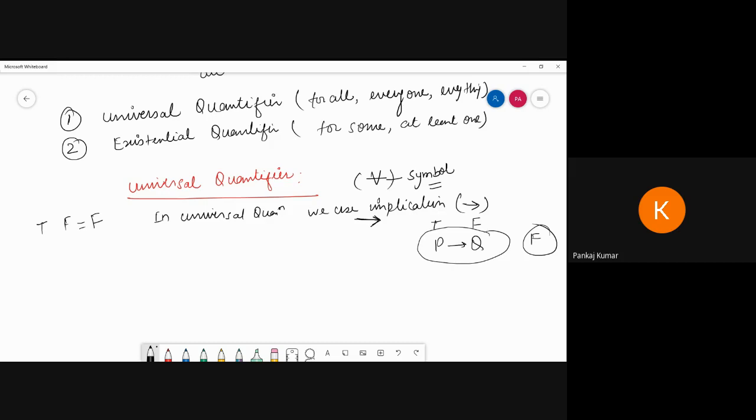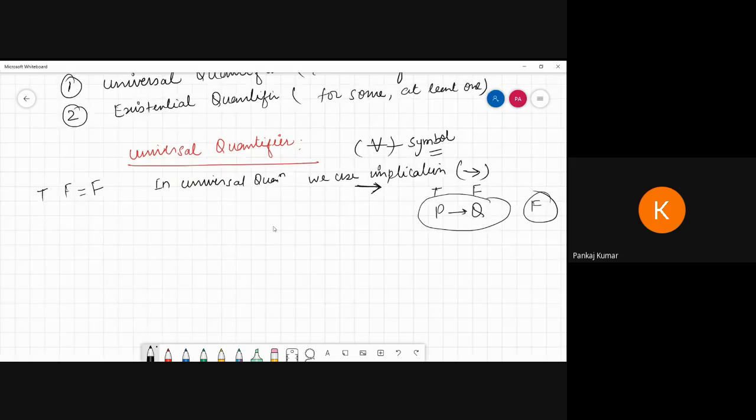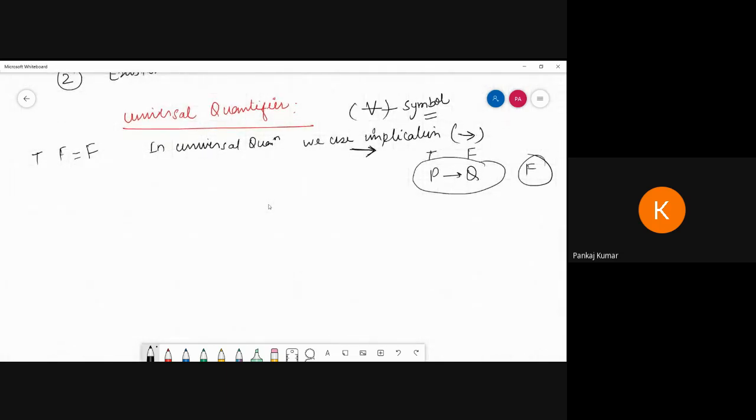Suppose I am going to write the best example, which we can follow in every book and every site: all men drink coffee. These are universal.